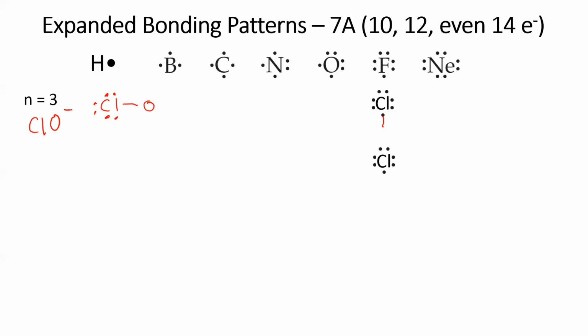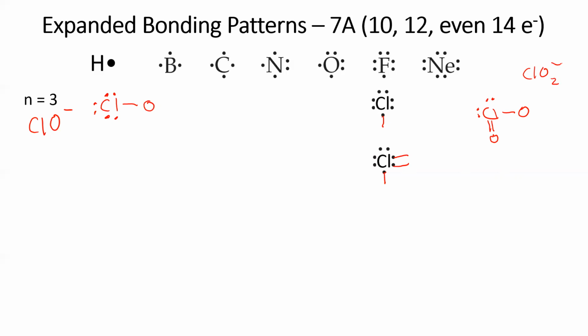Well, that would be 1 bond. What if I wanted 3 bonds? Well, what would that be? Well, there's an example right there. And what is that? How about your chlorite ion?